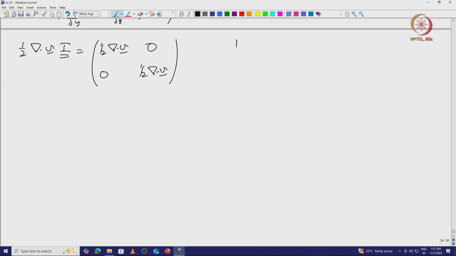Let us look at the relative velocity between 2 points in this 2 dimensional x y coordinate system, at different locations which are separated by equal distance from the origin.